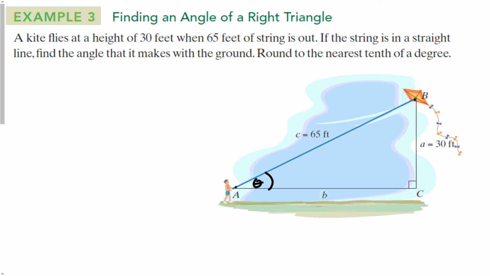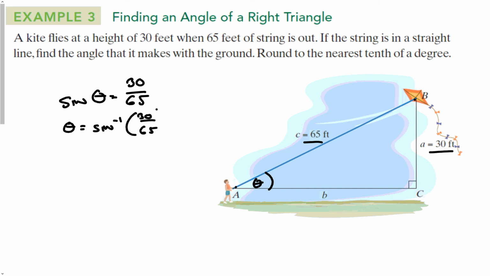All right, so what do you know? I know the opposite side. I know the hypotenuse. SOHCAHTOA. So the sine of theta is equal to the opposite over the hypotenuse, which means I'm going to have to get theta by itself. So we are looking for the inverse sine, right? That's what inverse sine does.